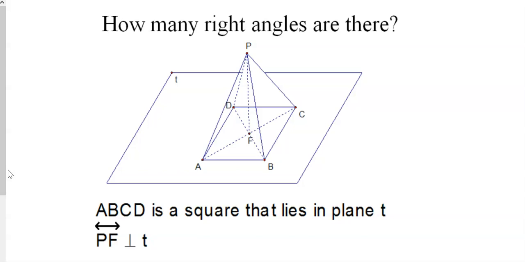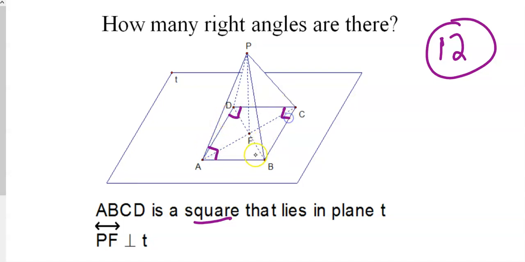Okay. So the answer is 12. Let's go through them. Let's just start with the square. We have an angle at each of the corners of the square. If I just look at my square, I'm not looking at anything that's not inside that plane. Each of these angles, which might be what you missed in the middle, are right angles.